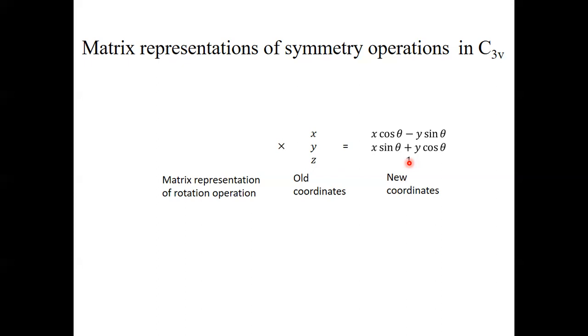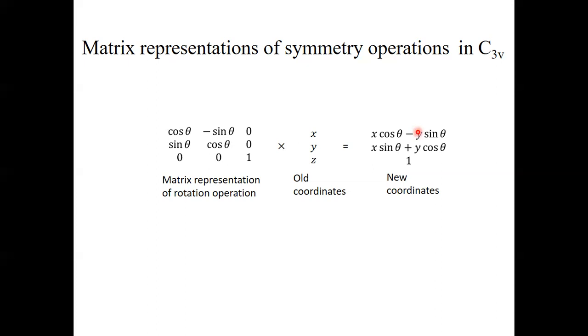Now again, what is the matrix representation for the rotation operation in this case? It is actually this matrix here, and we could again verify using the multiplication rules for matrices that this matrix, when multiplied with the old coordinates, correctly gives the new coordinates.